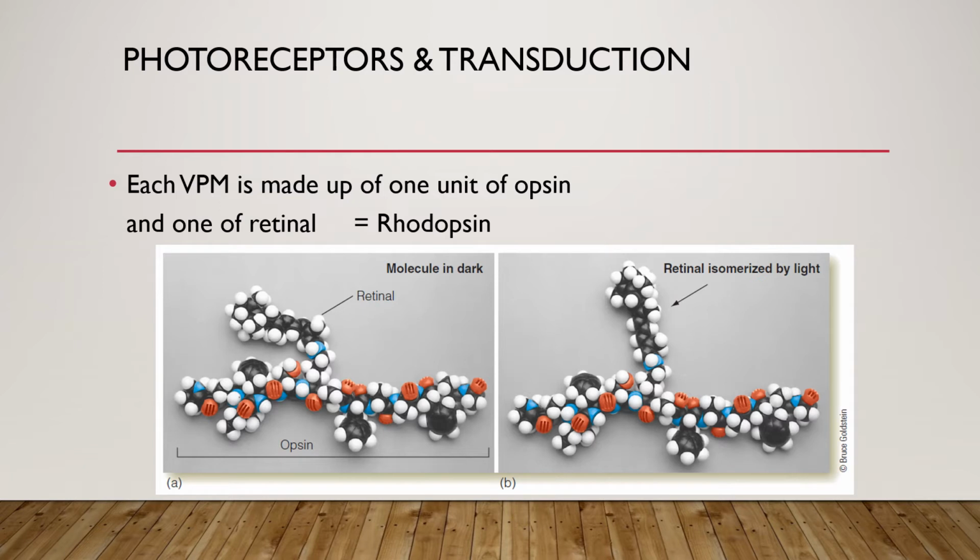You can see that when the eye is in the dark, that retinol is bent over, kind of clinging on to the opsin. And when we put the eye in light, the retinol isomerizes, meaning it changes shape, it straightens up, and it breaks off from the opsin.